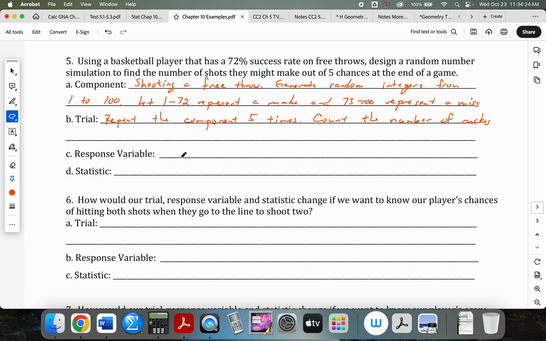So the response variable is the number of makes out of 5 tries. Do you see how that's different than the previous one? Yes. And then the statistic would probably be the average number of makes out of 5 tries.